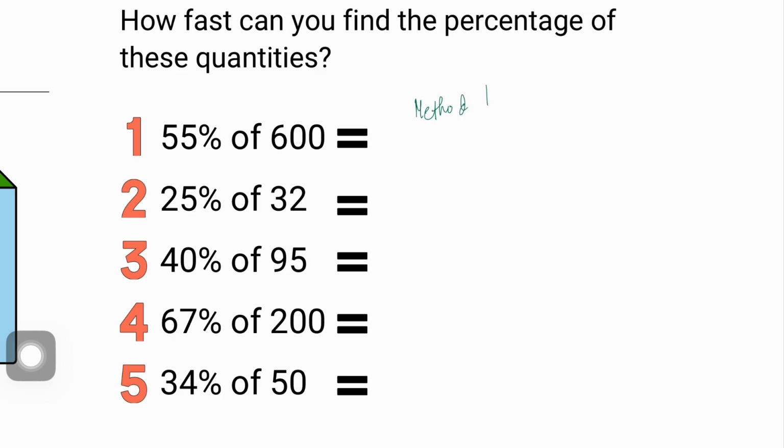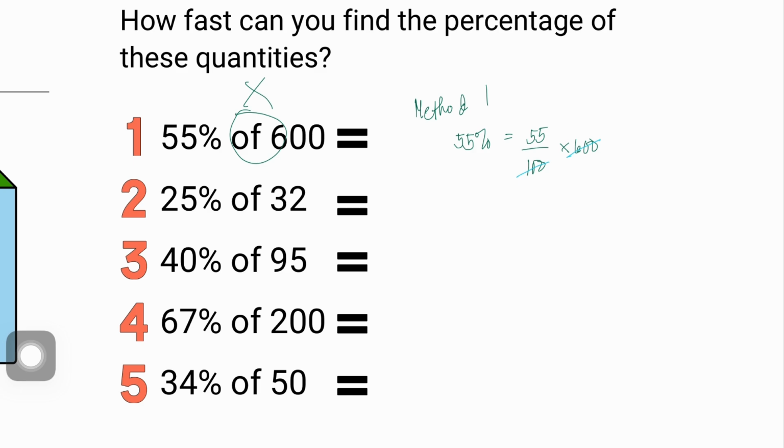So we know that 55% is equal to 55 hundredths. Let's multiply it by 600 since "of" means multiplication. Now we do cancellation. We have 100 and 600. We can cancel 100 and 600 because both numbers are divisible by 100.